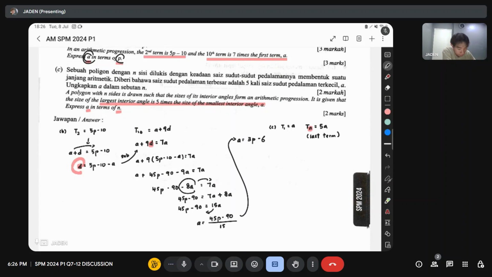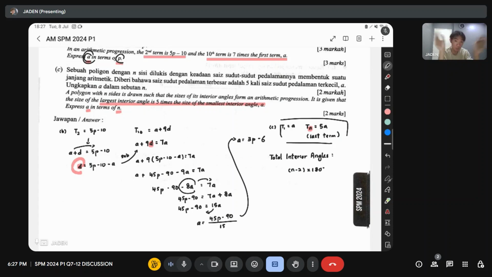The next thing is we have to study carefully what the question is asking and the information that they give us. So they talk about interior angles. If I were to link these two, I have to make up something, which is total interior angles, calculated by n minus 2 times 180.